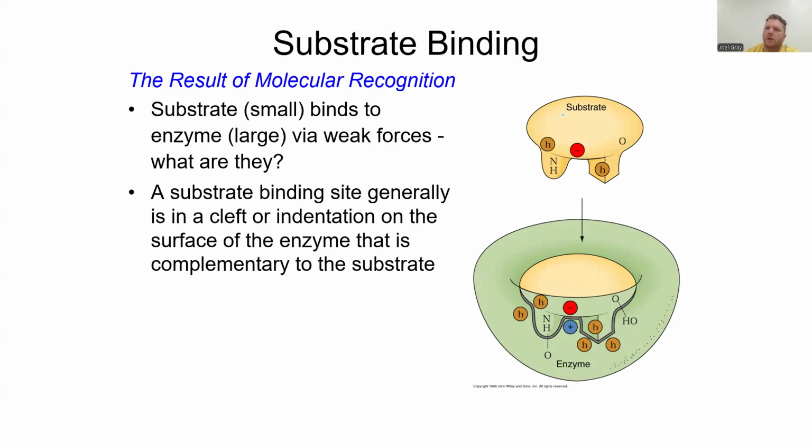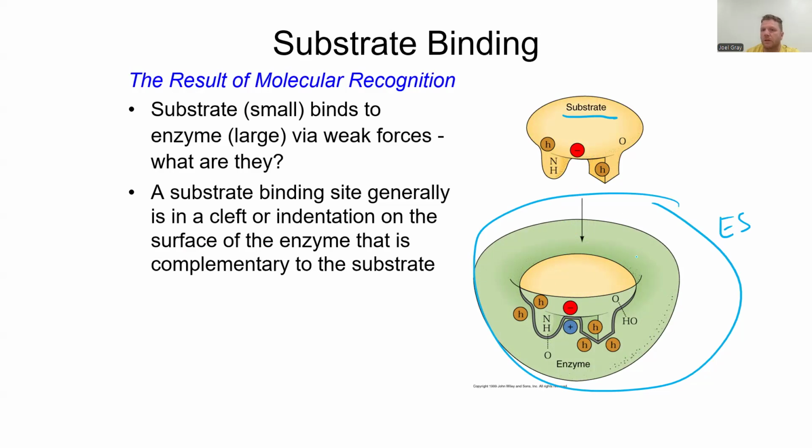So what this is showing is here is our free substrate. Then this is our ES complex, our enzyme substrate complex. Our substrate and our enzyme are interacting with one another. What we have here are these brown circles, which are indicating hydrophobic regions, hydrophobic amino acids.